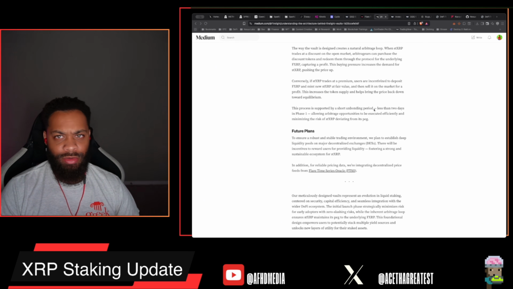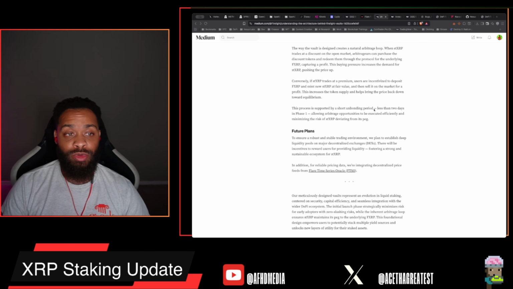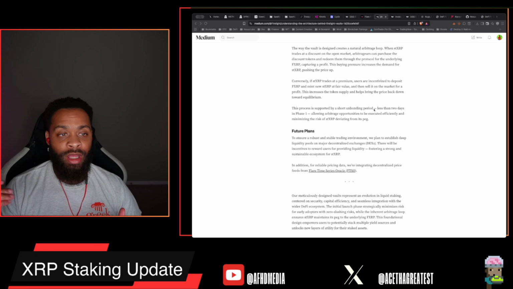So it'll be interesting to see how beneficial the 2 day unbonding period is versus a 2.5 week unbonding period. Obviously, there are different reasons, different mechanics, and things of that nature, but it'll be nice to be able to make those arbitrage loops as fast and frequently as possible before prices between staked XRP and FXRP come back aligned.